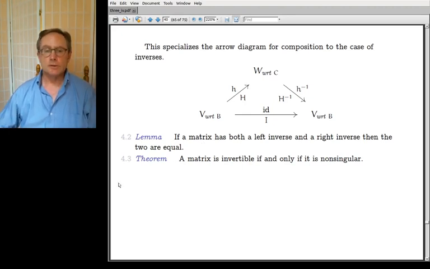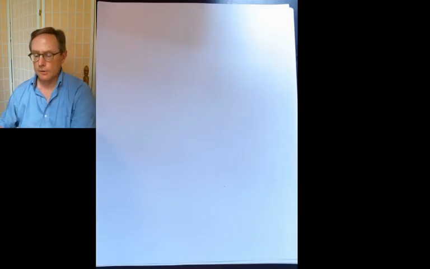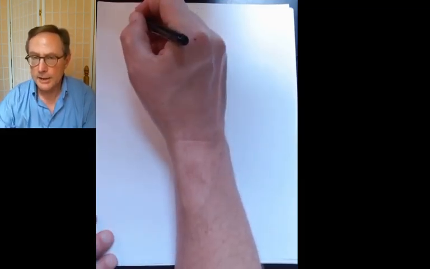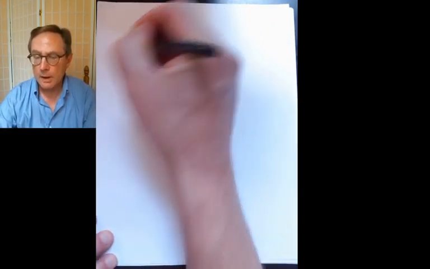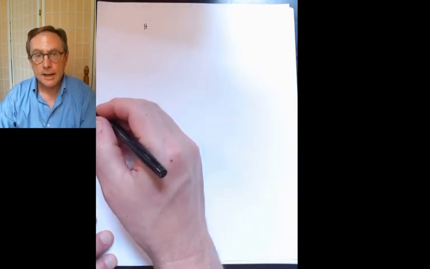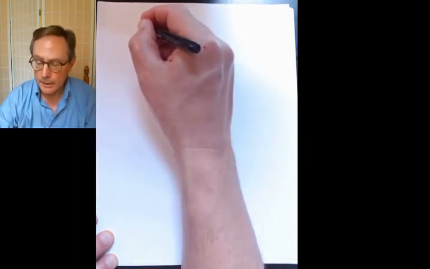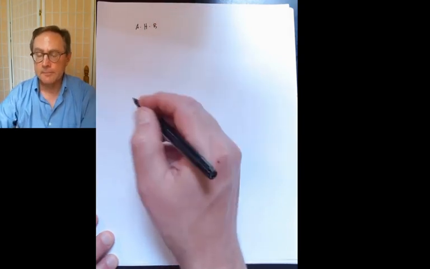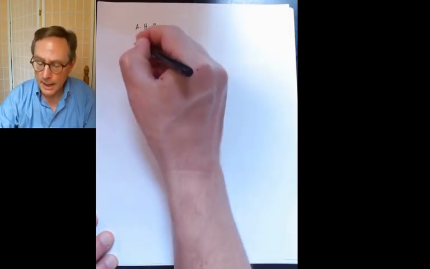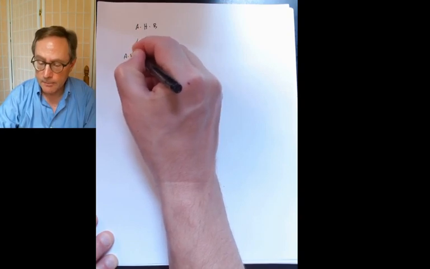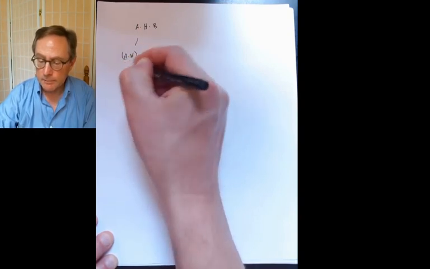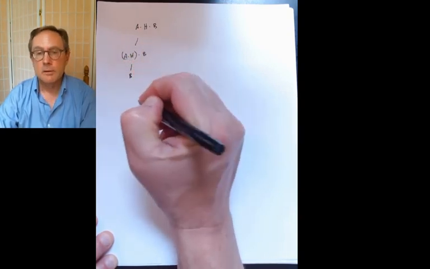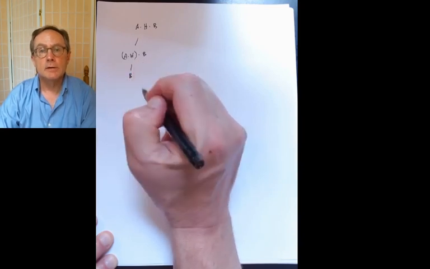And I'm just going to mention here what the idea of this is. The idea is you imagine that capital H has both a left inverse A and a right inverse B, and then you look at what happens when you take A times H times B. On the one hand, it's A times H times B, which is B, because that's the identity.